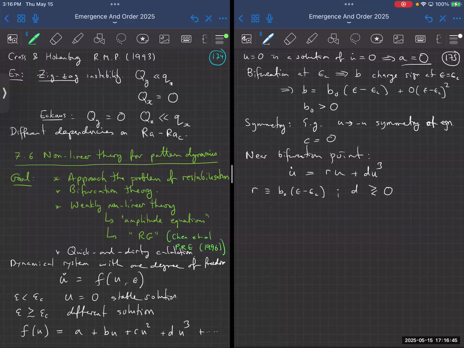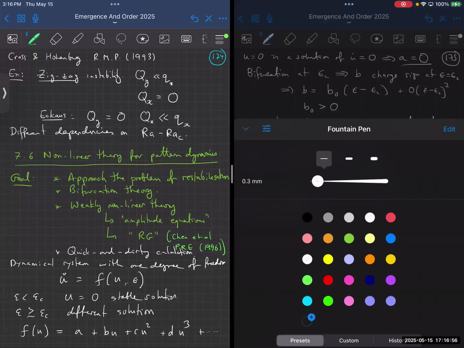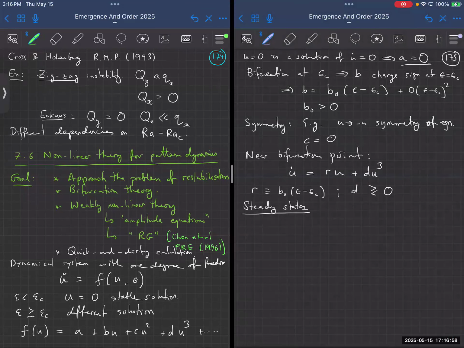So let's have a look at steady states. I'm going to look at the steady states in the case where I think D is negative. Okay, so you have to check this because I may have got this wrong in my notes.